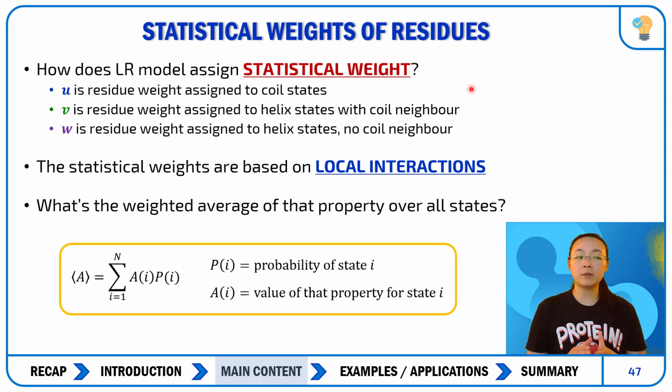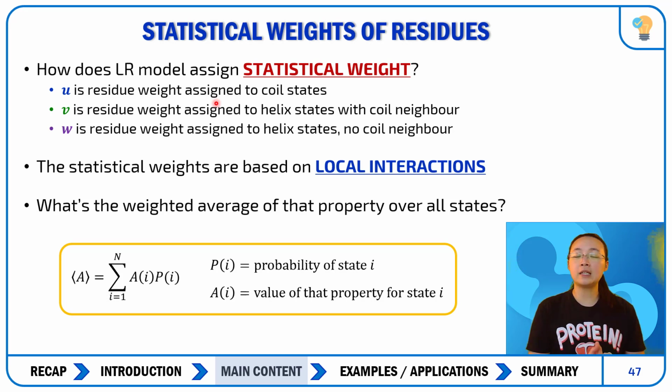So if we think about them a bit more, these statistical weights are based on local interactions. We have U being a coil state. If it's a coil state, then it's a coil state. There's not going to be any neighboring monomers that are hydrogen bonded.